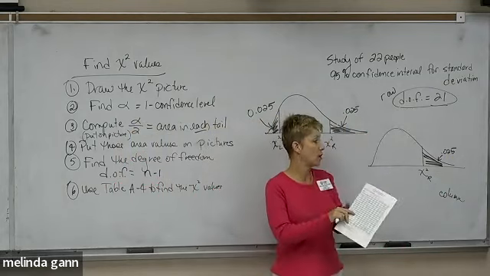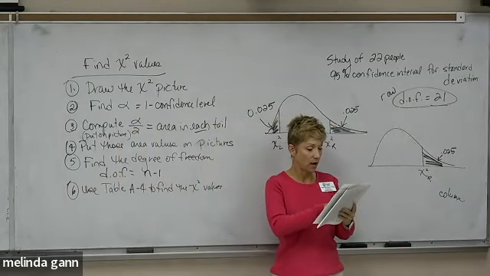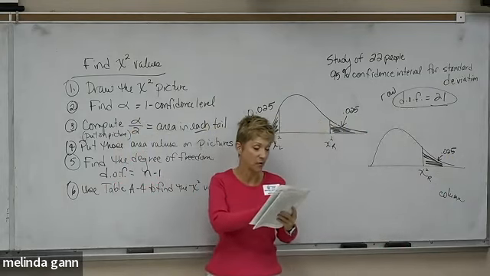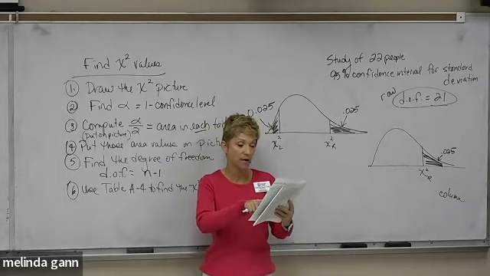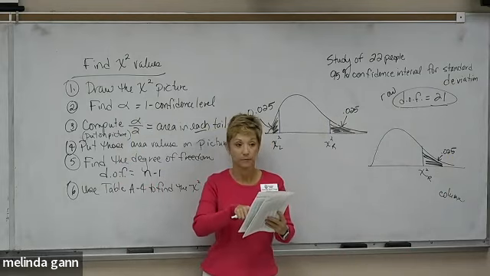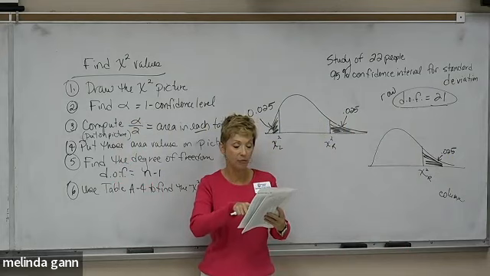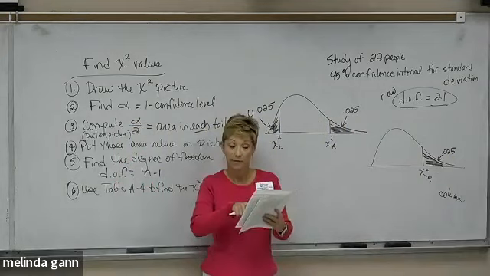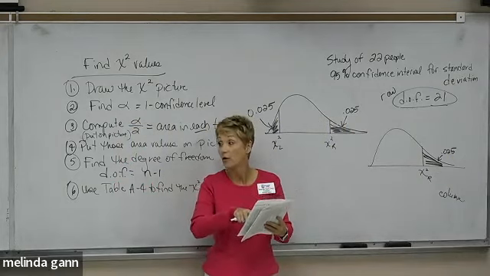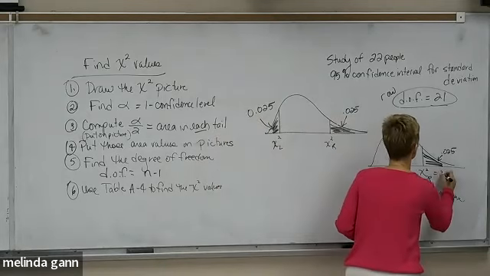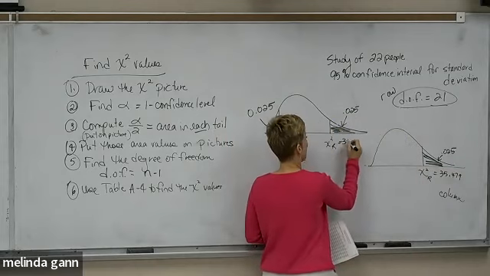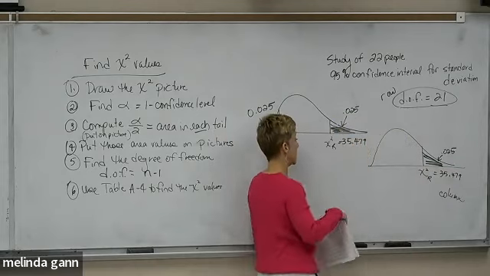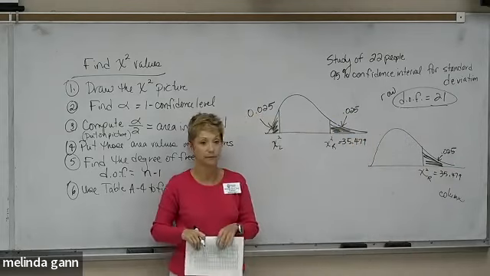Row 21. What column am I supposed to be under right now? 0.025. What number is on that row in that column? 35.479. I'm going to find it over here and then put it right there.